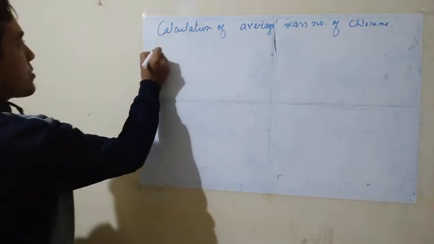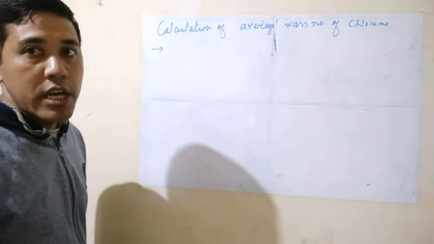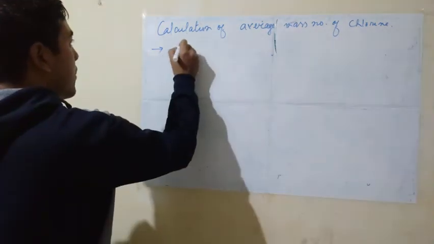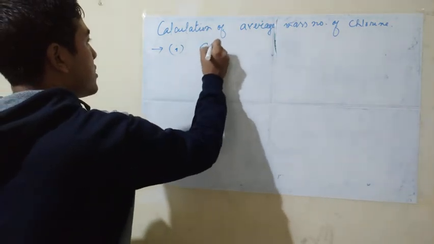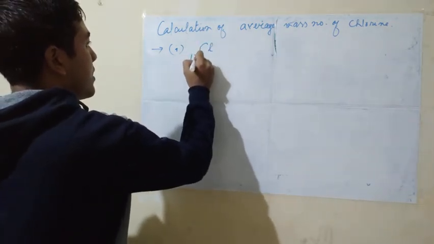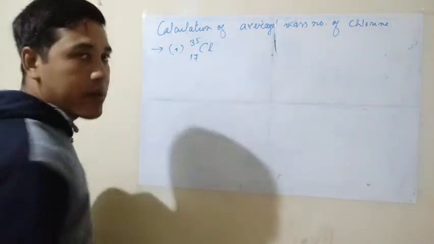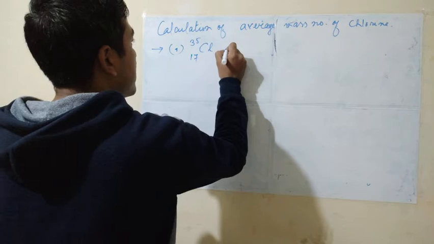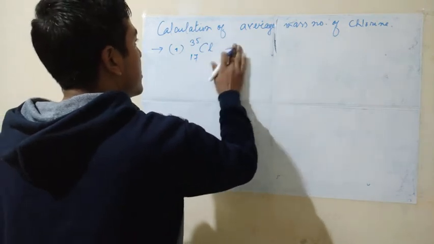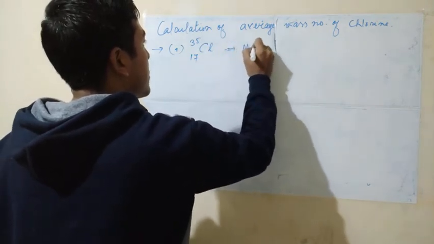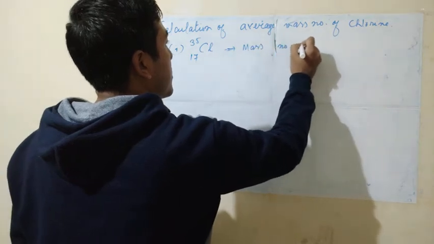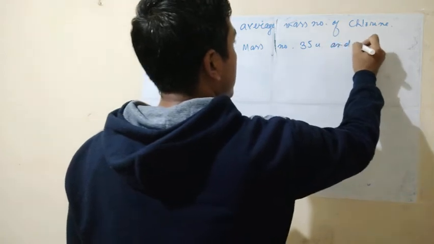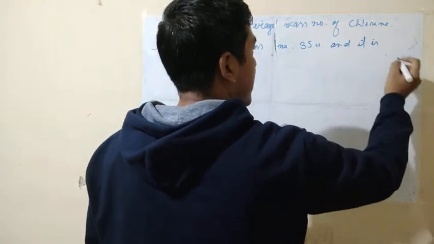The first most important point is chlorine has two isotopes. The first one is chlorine-35, with mass number 35 unit.